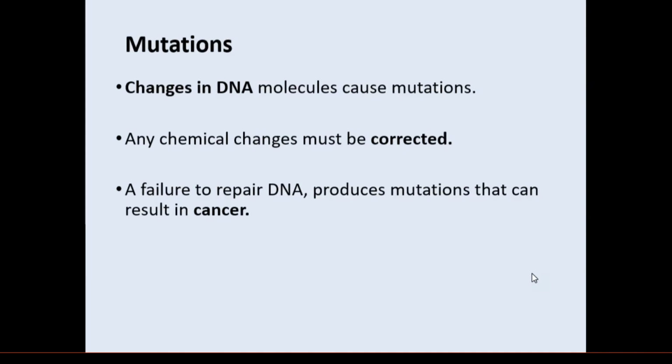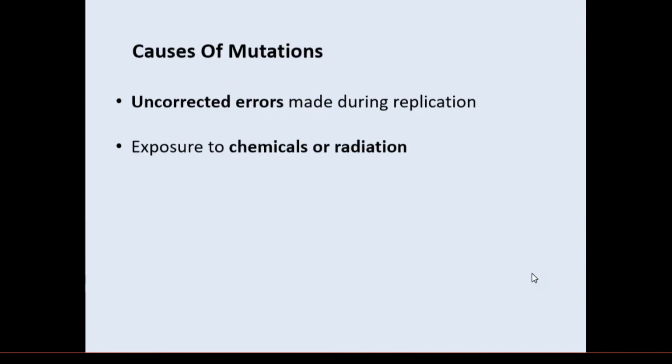What are the causes of mutation? Uncorrected errors made during replication, exposure to chemicals or radiation. Agents that damage DNA: radiations. Highly reactive oxygen radicals like hydrogen peroxide, superoxide ion.